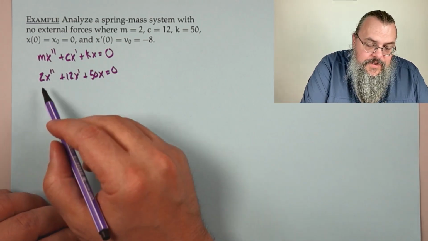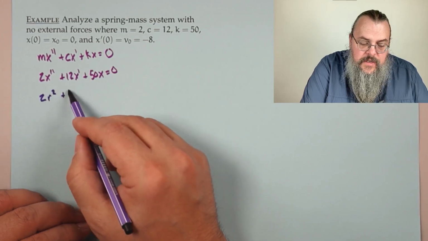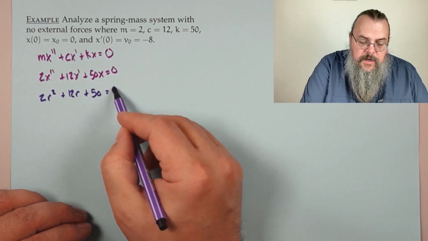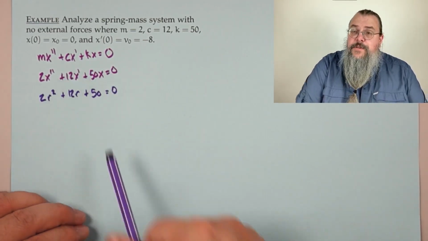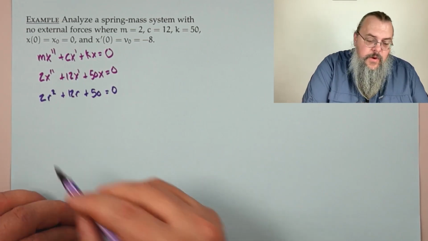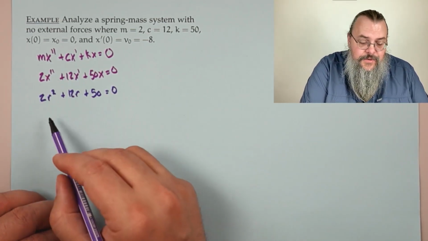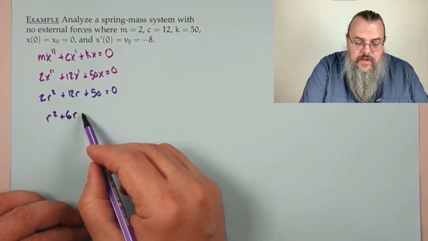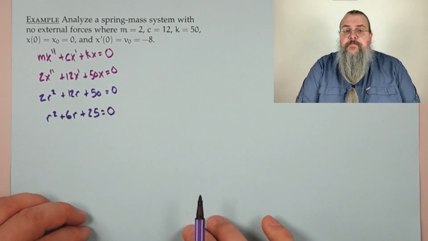First, what's the corresponding algebra problem? Well, we have 2r squared plus 12r plus 50 equals 0. The coefficients in the differential equation become coefficients of the polynomial. We can divide by 2, since everything has a factor of 2. So that's r squared plus 6r plus 25 equals 0.